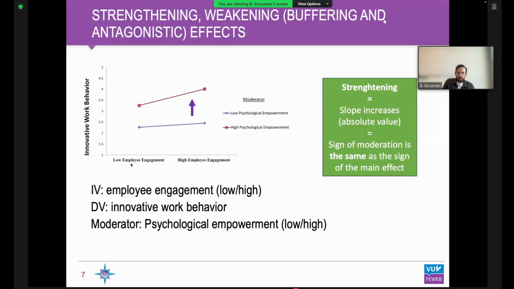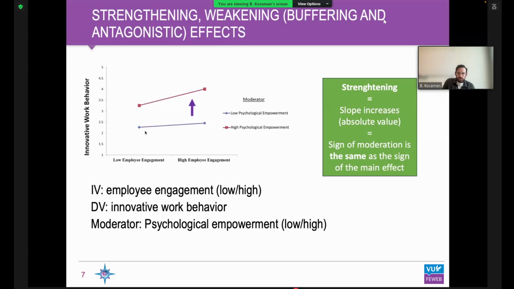Here we have the independent variable employee engagement, so this is the low level, this is the high level. This is your dependent variable. And then the moderator, you can describe it in two lines. We will not ask you to come up with this kind of output yourself, but it is important that you are able to actually read it.